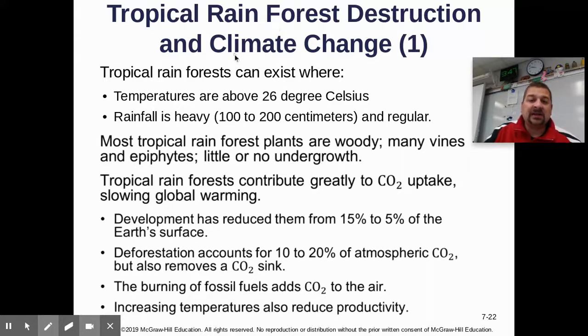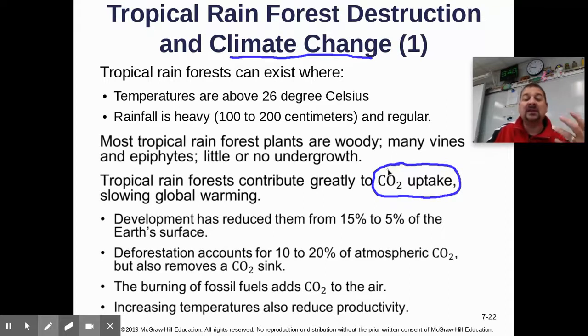There's a special focus in your book talking about climate change and also rainforest destruction. It's important to understand that plants, as autotrophs, as photosynthesizers, are taking CO2 up out of the atmosphere. A lot of us know that burning fossil fuels, burning old organic matter, puts CO2 into the air.